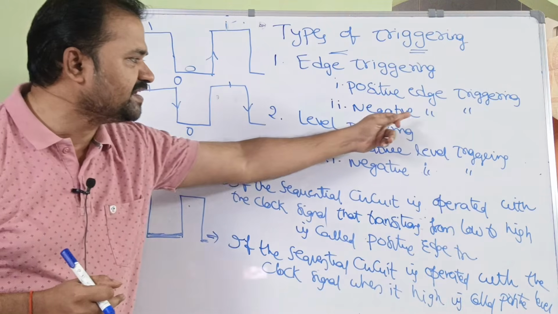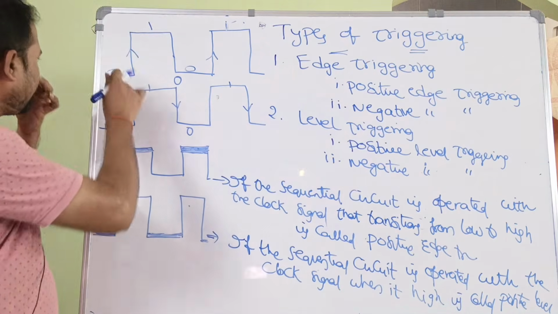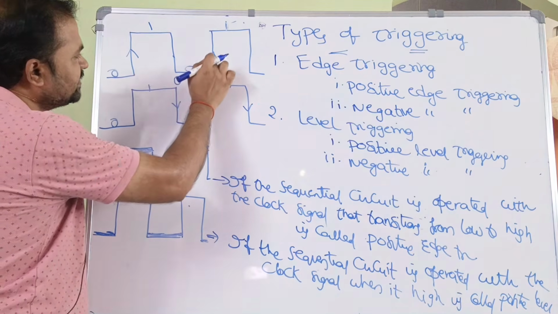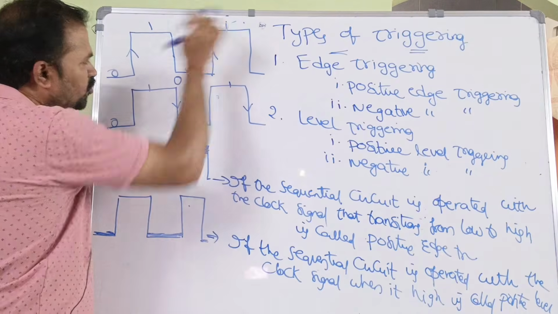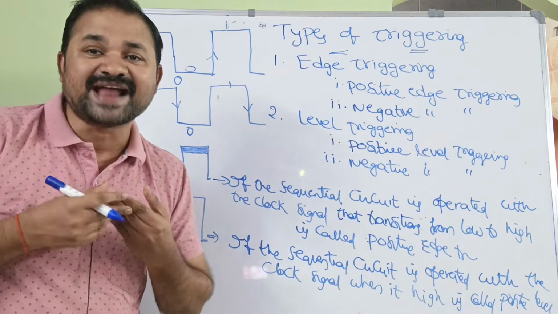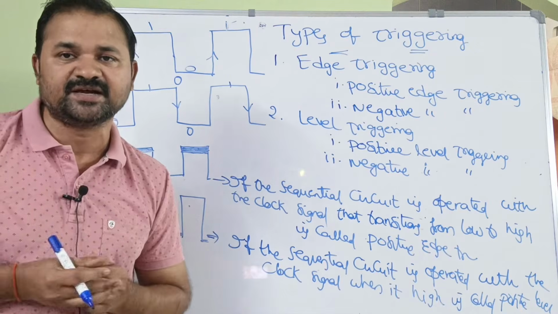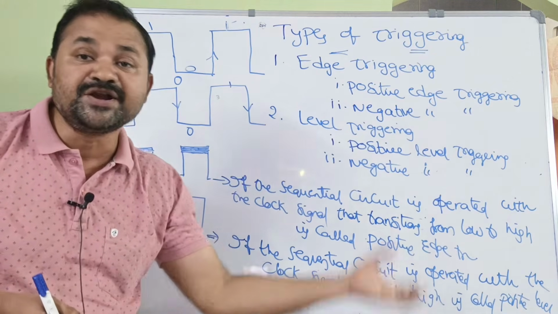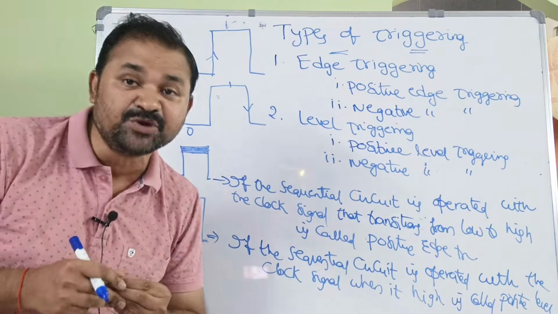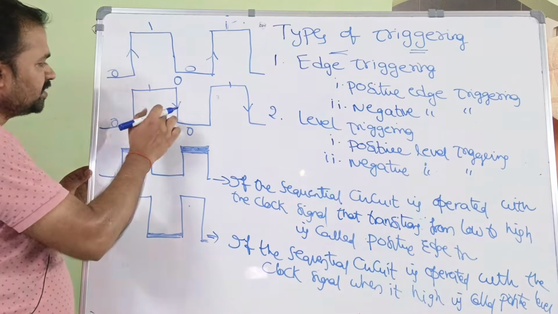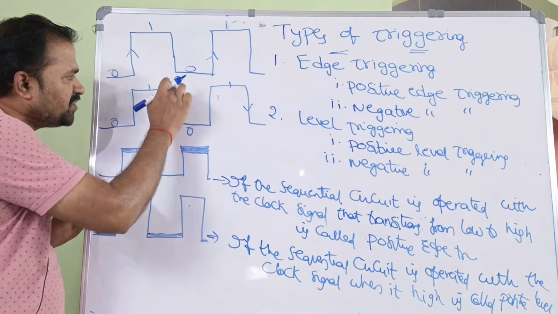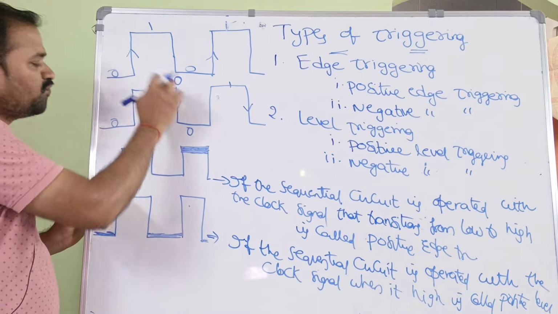Now let's see the second one, negative edge triggering. Here, this is the positive edge moving from 0 to 1. Whereas negative edge triggering means the clock signal transitions from 1 to 0, from high to low. If you take this example, the clock signal is high and then changes from high to low, 1 to 0.